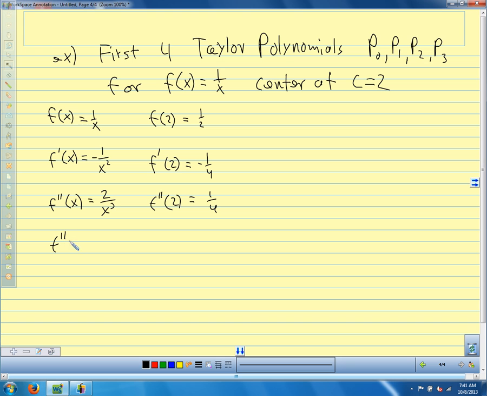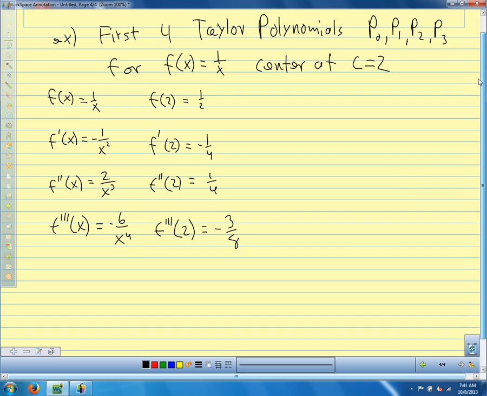All right, f triple prime of x is negative 6 over x to the 4th, and f triple prime of 2 equals negative 3 over 8. Okay, and these are all I need, so I just need my function, first derivative, second derivative, third derivative for my first 4 polynomials.